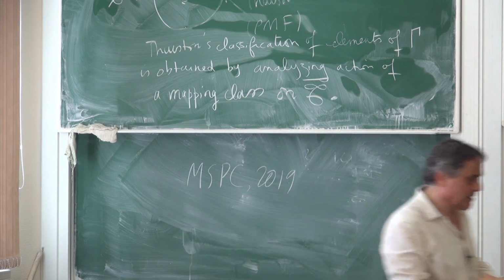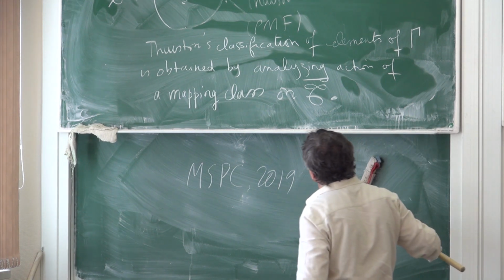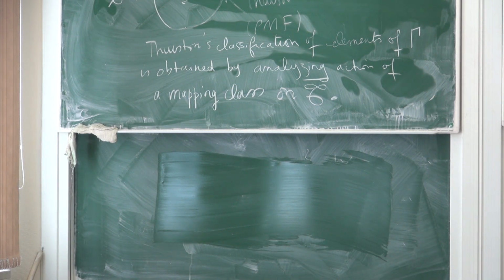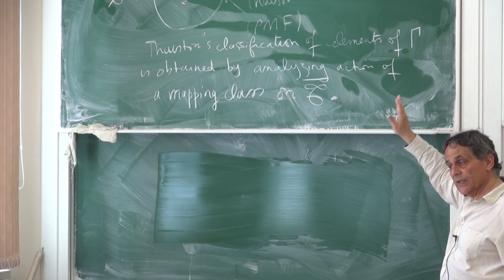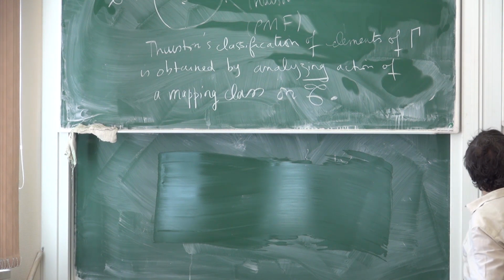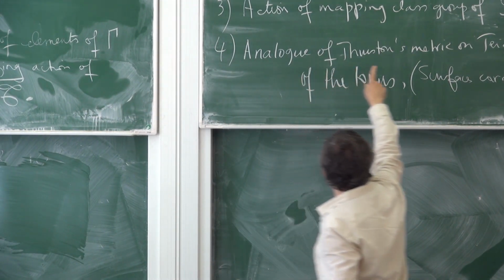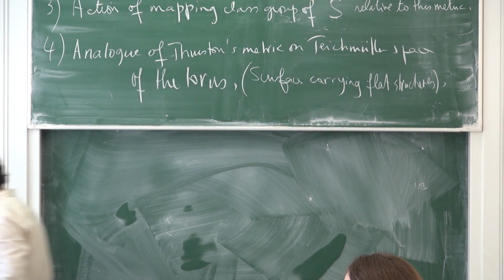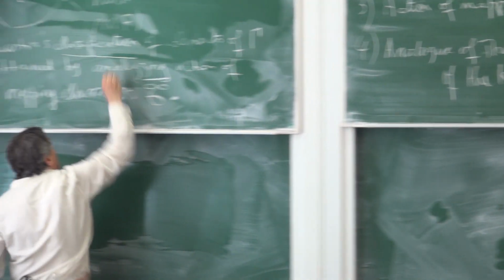Okay, so what does this tell us? In fact, this is purely topological. There is no metric at all. And then later, in this number 3, I will talk about an action of the mapping class group of the surface, but something that uses the Thurston metric. But now let me recall this classification, which does not use any metric.